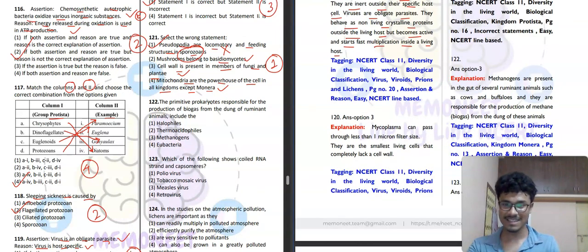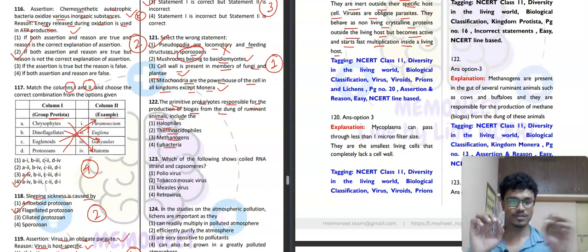122. It is saying that the primitive prokaryotes responsible for the production of biogas from the dung of ruminant animals include the halophiles, thermoacidophiles, methanogens, or eubacteria. Just try to understand the questions and break them into simple parts.